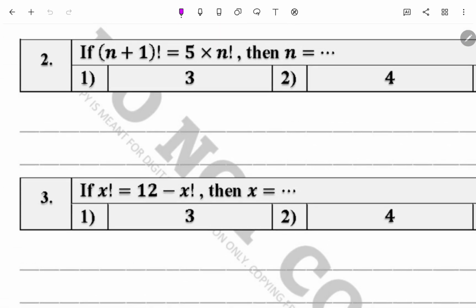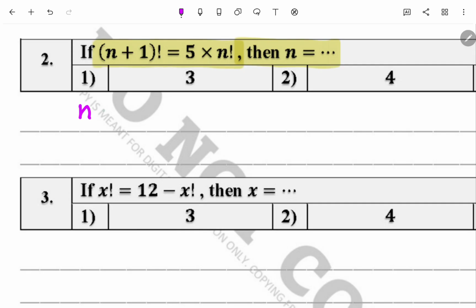We can see that if we have (n+1)! equals 5 times n!, then we need to find the value of n. Here in this equation, we have (n+1)! equals 5 times n!. I can divide by n! on both sides.